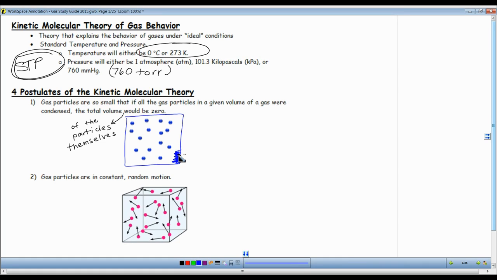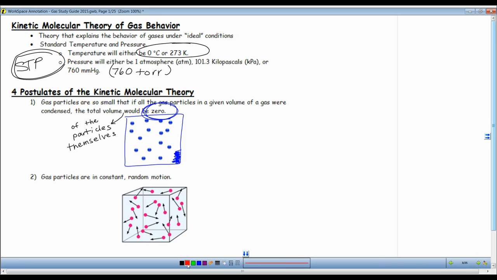Would they really be 0 volume? Isn't that a requirement of matter, that all matter has mass and volume? It takes up space? How can you say that if I condense all these particles, I smush them all together in a tiny little ball, that the volume would be 0?